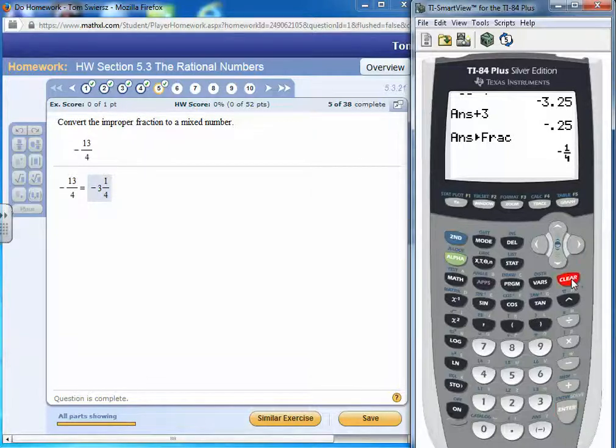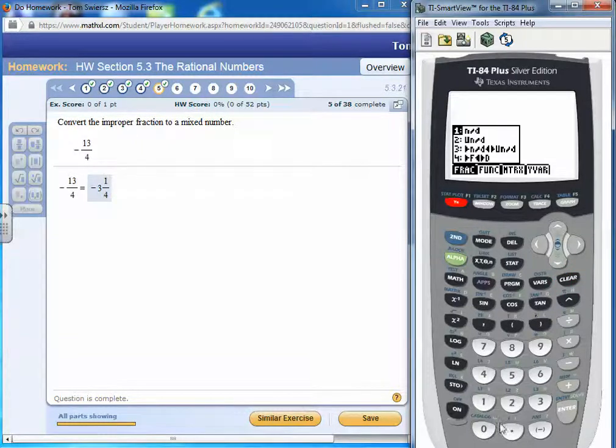Or remember, you can go to, on your TI-84, Math, Alpha F1, we're going to input a fraction. So that's function number 1. We're going to put in negative 13. You can put in the negative number in the numerator. Actually, you can put it in the denominator too, 4. We got the fraction inputted.